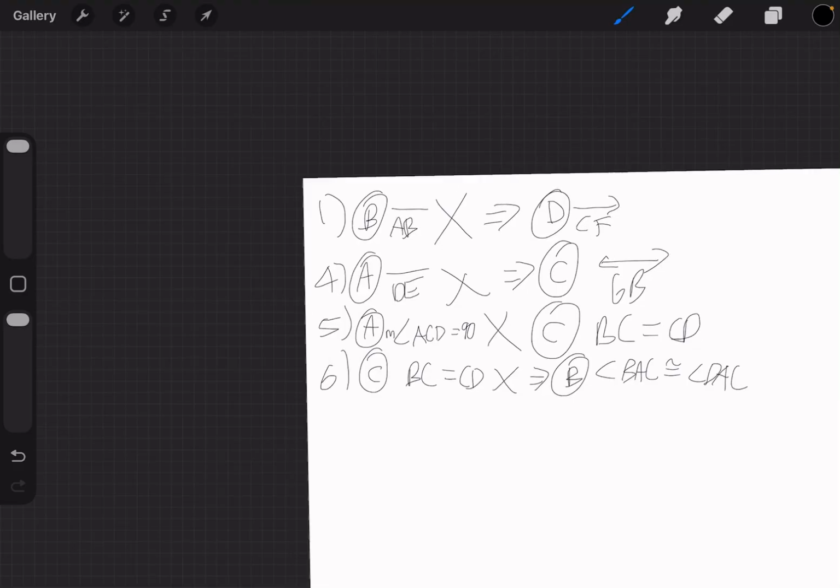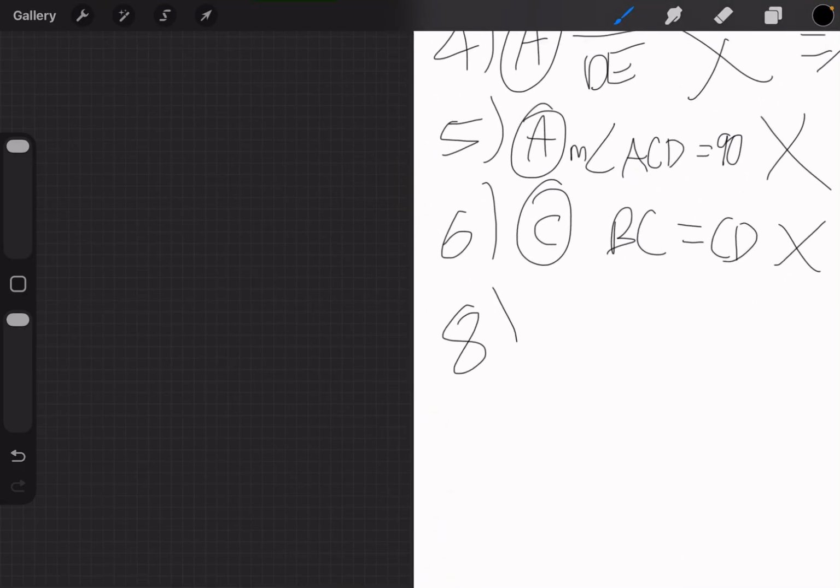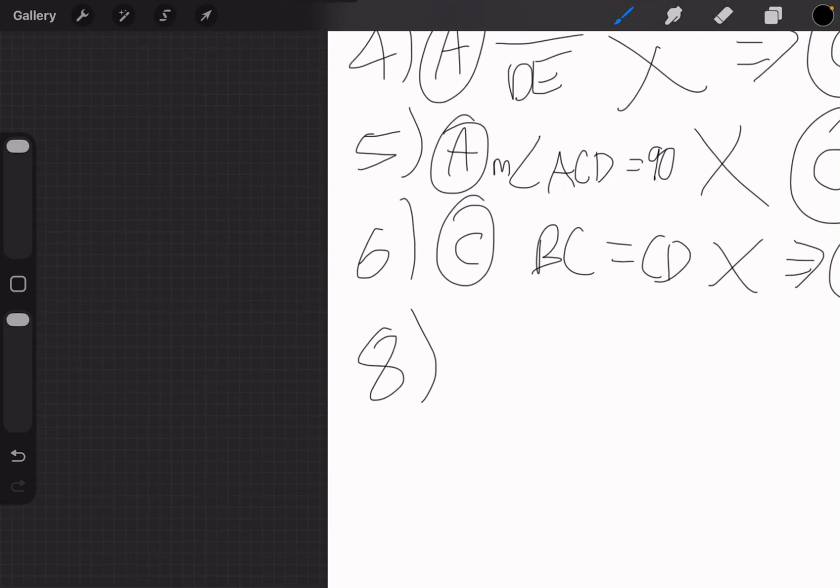Next question I got wrong is question 8, and it says list the angles of triangle GHI in order from smallest to largest measures.